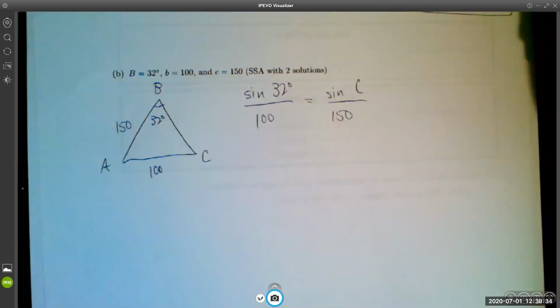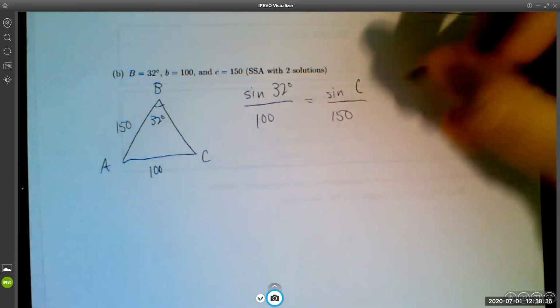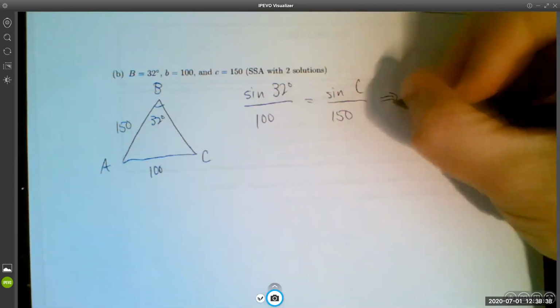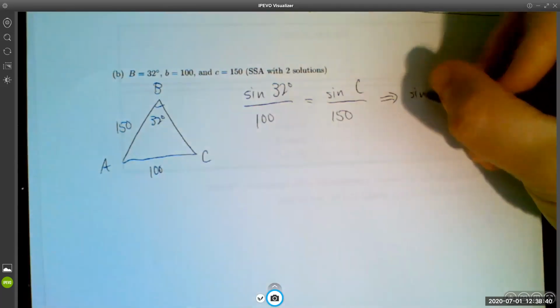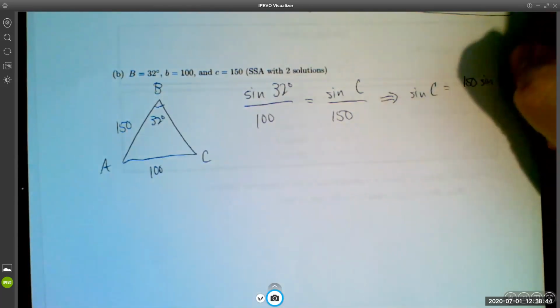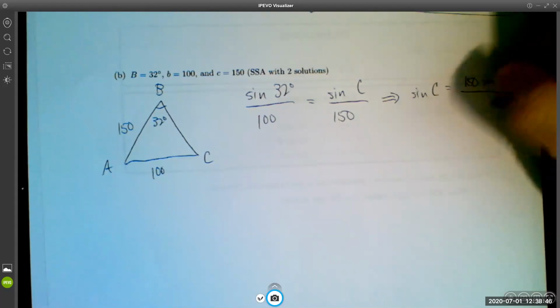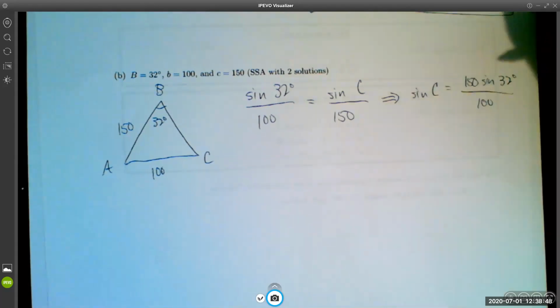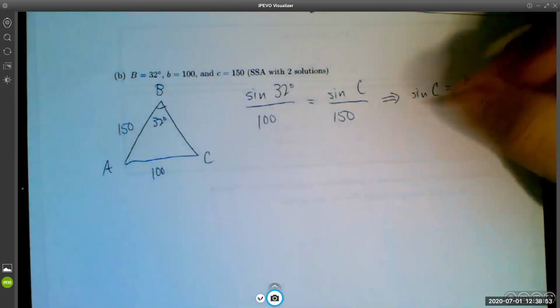Okay, so then we can multiply by 150. And then we can take sine inverse of both sides.